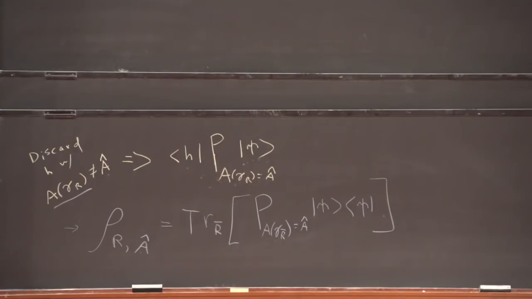You phrase this as fixing the area operator. Yes. Since you're working to leading order in G Newton, should I think of it as fixing the entropy itself of R? How you think of it is up to you, but entropy, of course, is not a linear operator. Well, that's the problem. And I really want this to be a linear operator, okay, because of the procedure I'm going through.